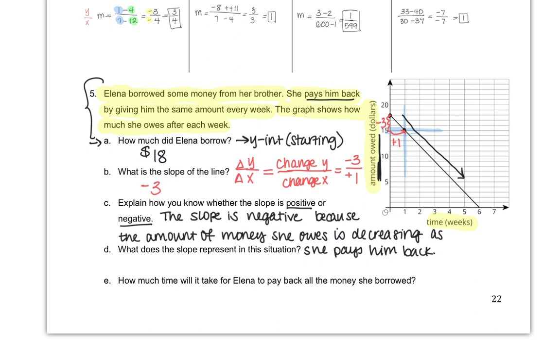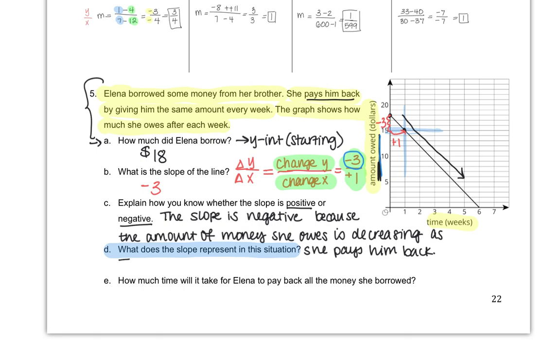Next question, what does the slope represent in this situation? When we're interpreting slope, we want to interpret it in this context. The change in y over change in x. So how is y changing as x changes? So y is going down by 3, and that is the amount of money that she owes. So we can start with that.